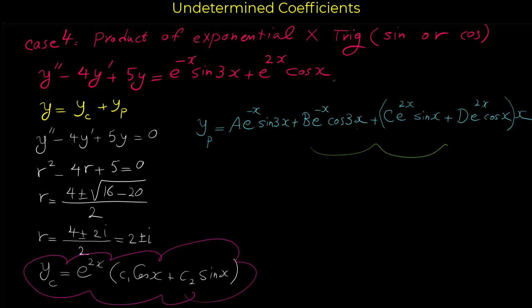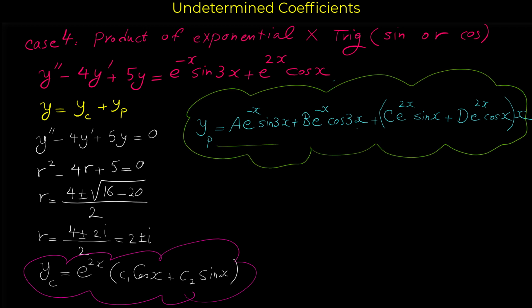But if you want to find a, b, c, d, you have to go ahead and find y prime and y double prime, the first and second derivative of this big function, which is really complicated. Plug in here and set it equal to this, then you can find a, b, c, d.